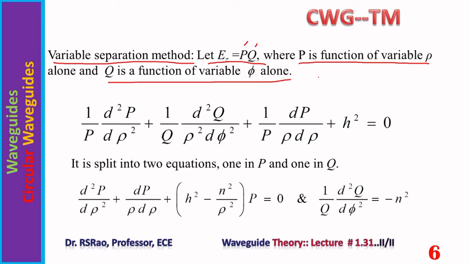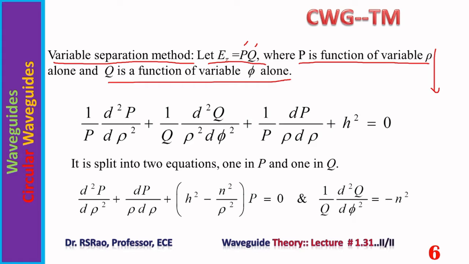This method is possible only when Ez is product of two functions, each function being one variable dependent. This solution is also not possible if Ez is not expressible as a product of two functions with a single variable. So it's only a possibility. This method gives you a possible solution, right?